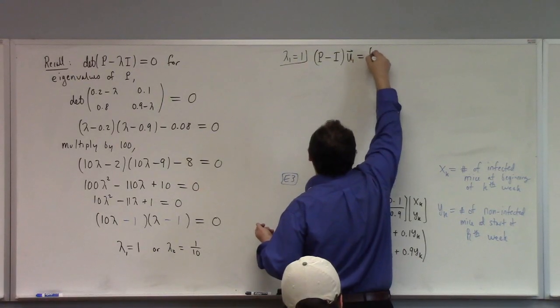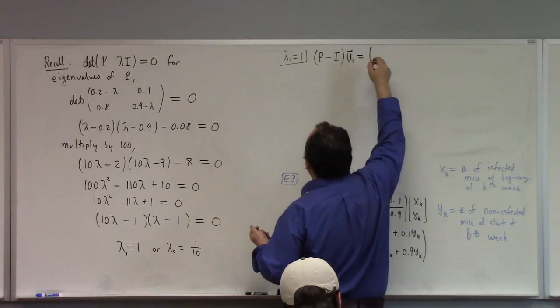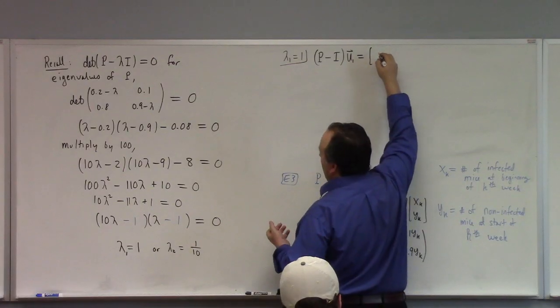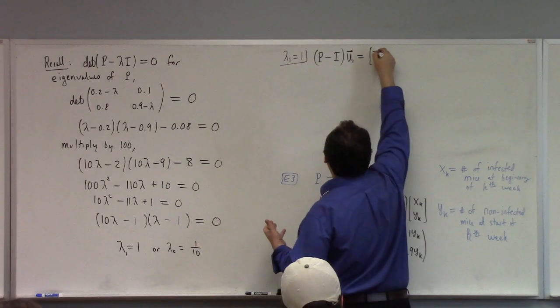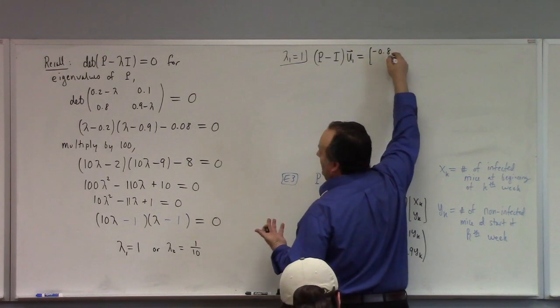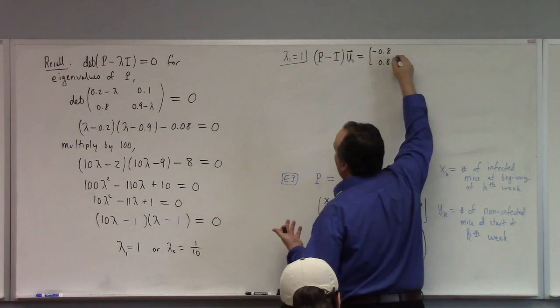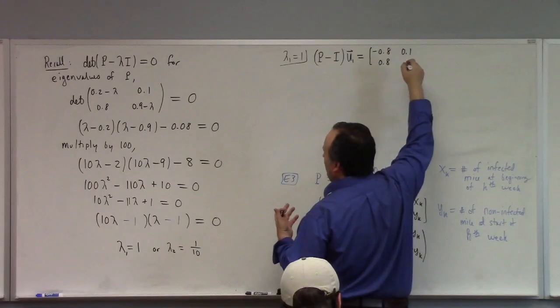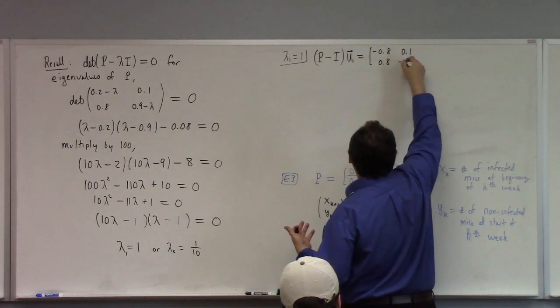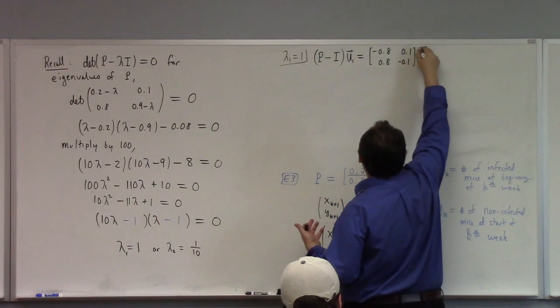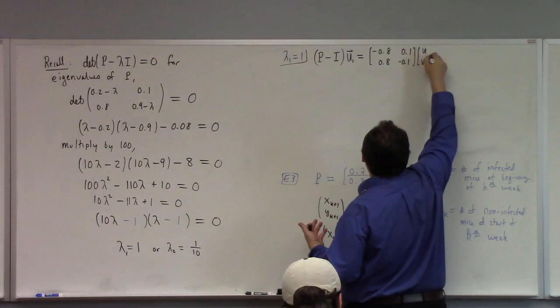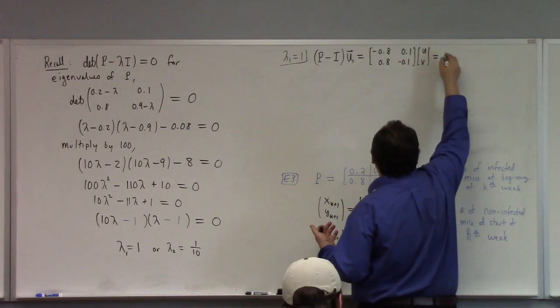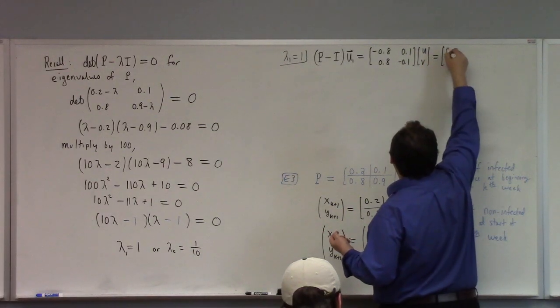So I use u1, it's a 2 by 2, so let's see here. 0.2 minus 1 is minus 0.8. I've got 0.8 here. 0.1. 0.9 minus 1 is minus 0.1. And I usually use a u and a v for my eigenvector just for the sake of calculation here.